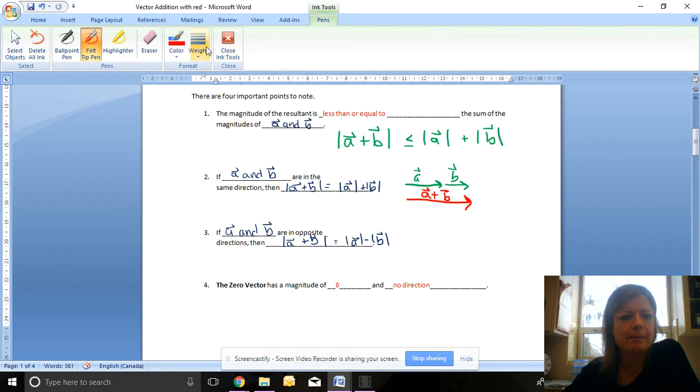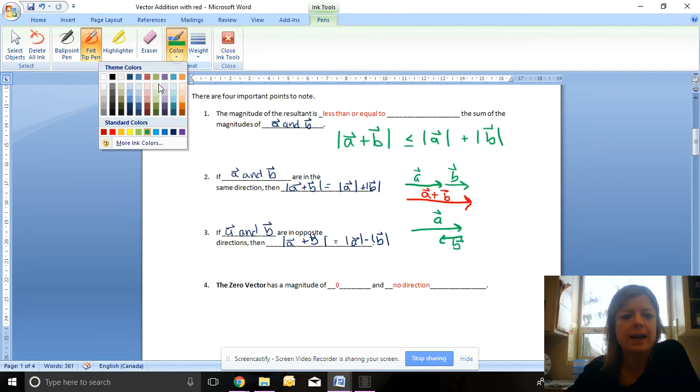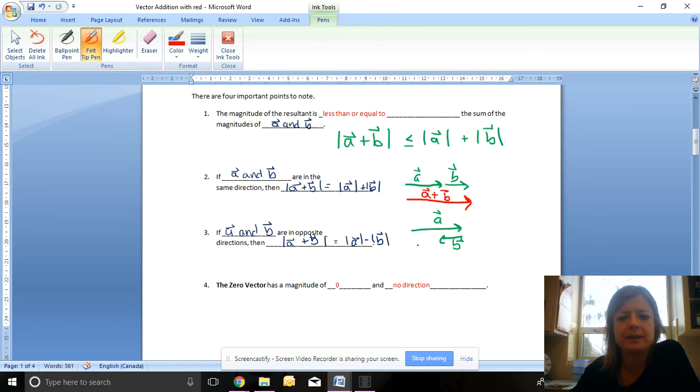Okay? But if they are opposite directions, so let's say you have A and then you have B in the exact opposite direction, okay, then the resultant will be the difference of their magnitudes. So this would be A plus B.